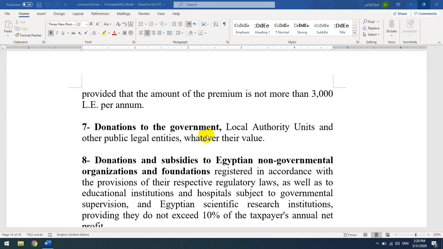Type 2, the donations provided to non-governmental organizations and foundations, but these foundations or organizations are subject to the supervision of governmental ministries or agencies.